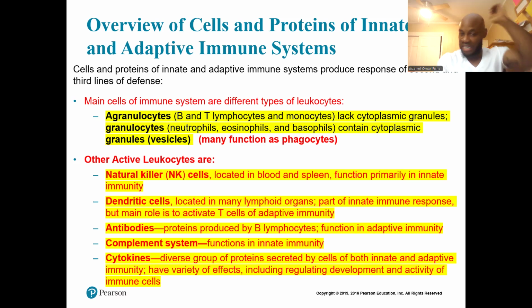And then we also have NK cells in the blood and spleen, dendritic cells, antibodies produced by the B lymphocytes, complement system, which are proteins. We have cytokines, also a diverse group of proteins secreted by cells, both innate and adaptive immunity, have various effects.